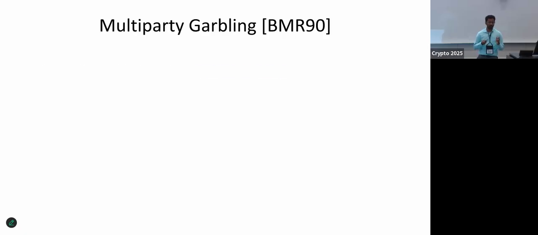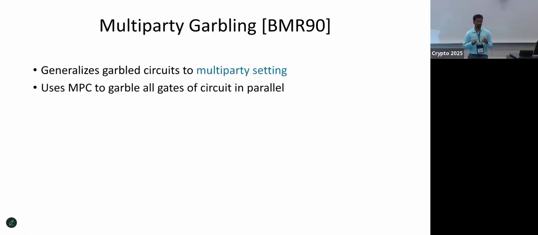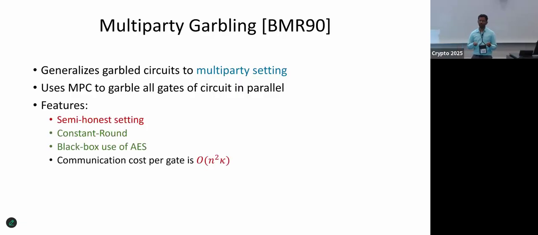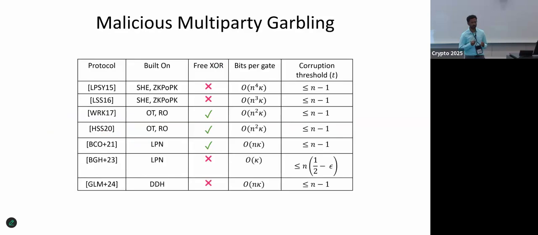BMR extends garbling to the multi-party setting. Their idea is to make use of an MPC protocol in the pre-processing phase that garbles all the gates of the circuit in parallel. This way, they obtain a protocol that is constant round and makes black-box use of AES. However, this protocol is secure in the semi-honest setting, and the communication cost is order n squared kappa.